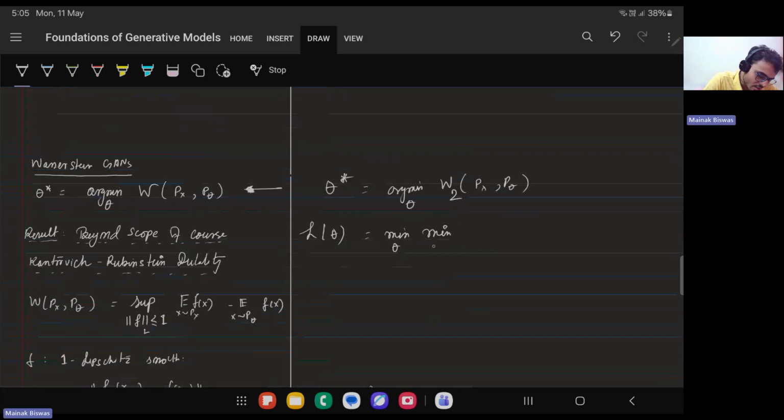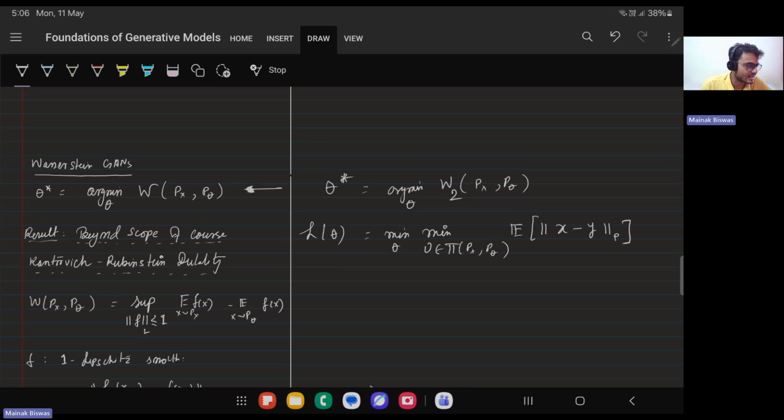Minimum over nu in pi of Px, P theta, the expected value of the p-th norm of x minus y. This is how I will be defining this over the nu distribution, when nu of x comma y is what you're going to get, right?